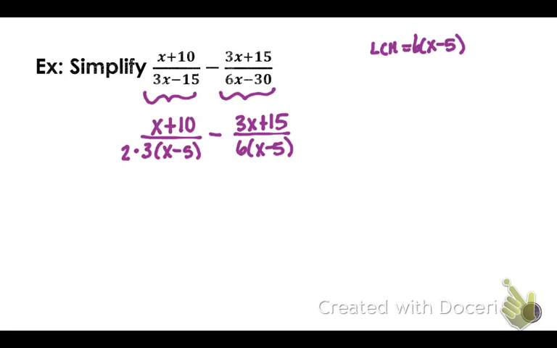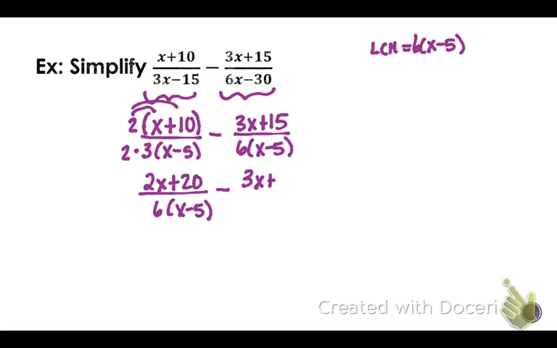Remember, whatever I do to the bottom, I do to the top. Now be careful here. I don't write it like that. I need to remind myself that I'm multiplying the entire numerator of this fraction by 2. So if we clean up what we've got here, this is 2x plus 20 over 6 times x minus 5 minus 3x plus 15 over 6 times x minus 5.